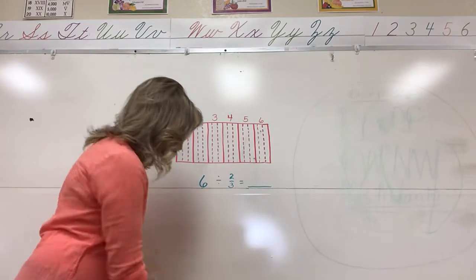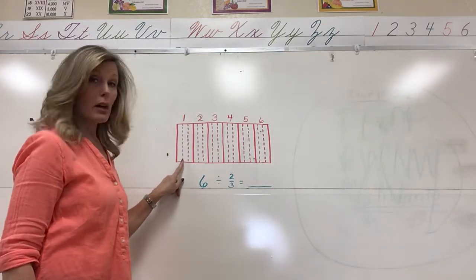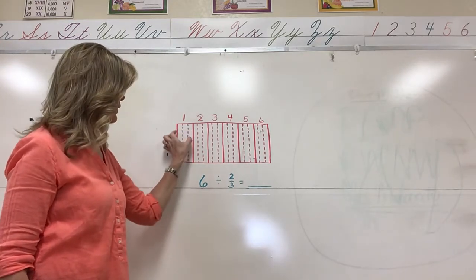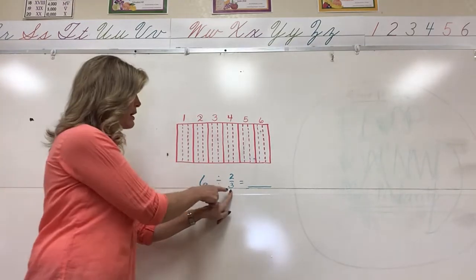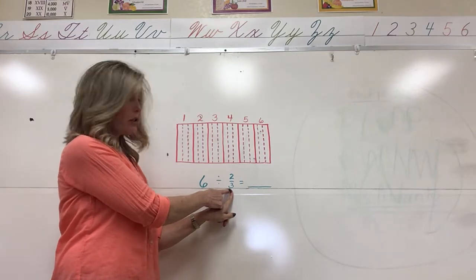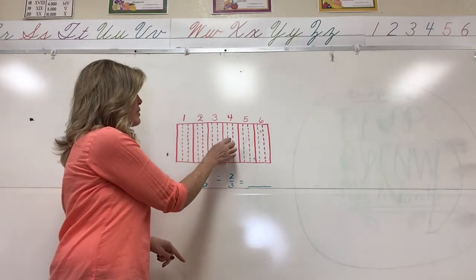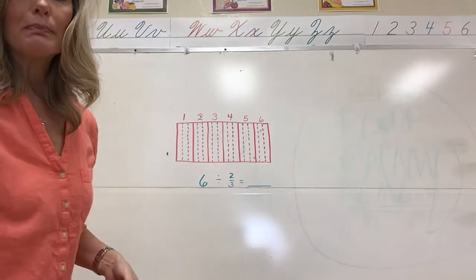Then I took each part of my whole and I divided it into thirds. Now, how did I know to divide it into thirds? Because my denominator tells me how many parts it's divided into. So here are my thirds.